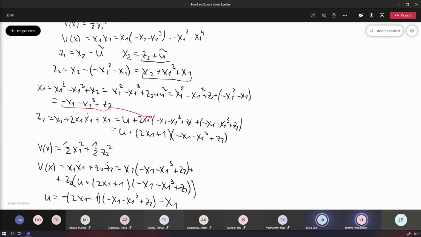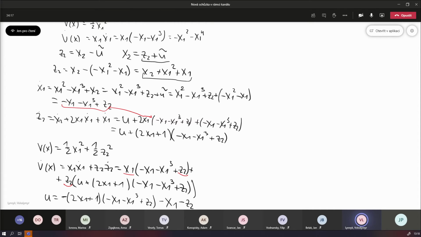Yeah, because you see that this is x1 times z2, and now it's z2, and we need to cancel this minus x1. And the last term is negative z2. Yes, right.